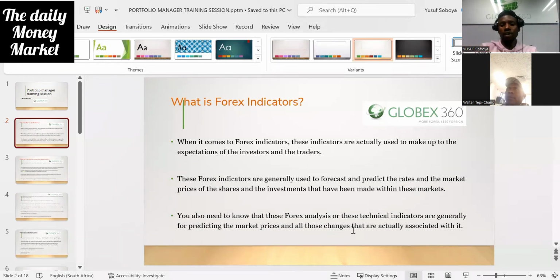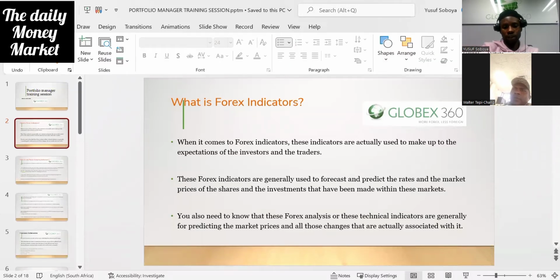That's basically what the indicators are there for, to predict what exactly is going to happen next, which is what we want. Everyone, when you're trading, you are predicting the next move of the instrument.